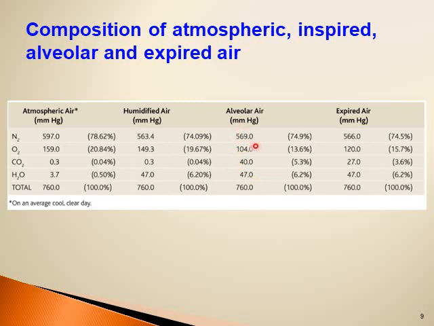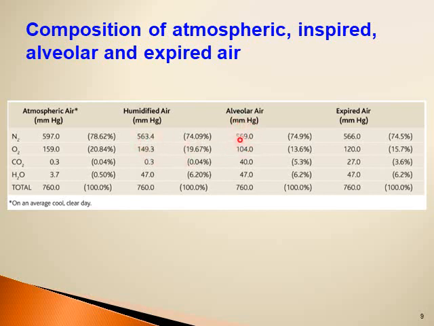As air enters the alveoli, oxygen will enter the blood and carbon dioxide will leave the blood into the air in the alveoli. As you notice, after diluting, there is very minimal change in nitrogen because nitrogen is not exchangeable. It doesn't cross the respiratory membrane.